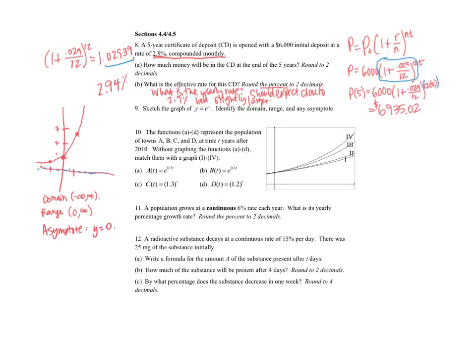Okay. And so basically what I want to do here is I need to put these in order. So I know that graph 4 has the greatest percentage increase, and graph 1 has the smallest.